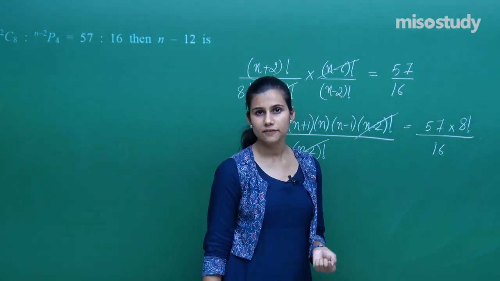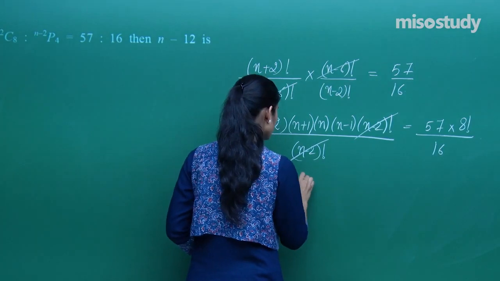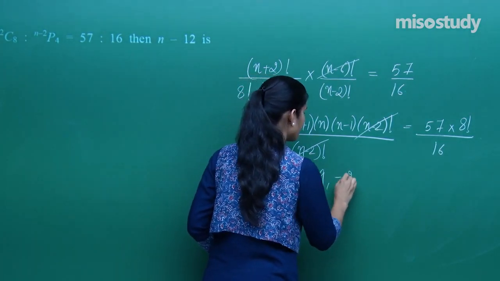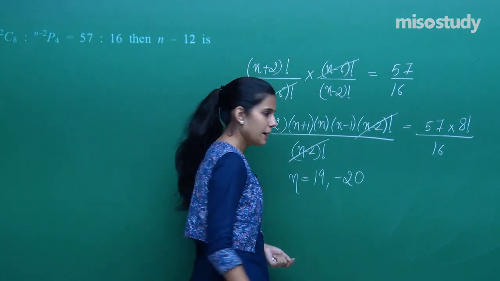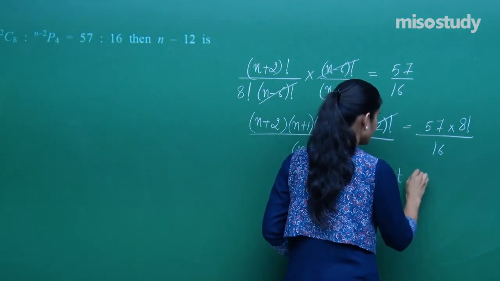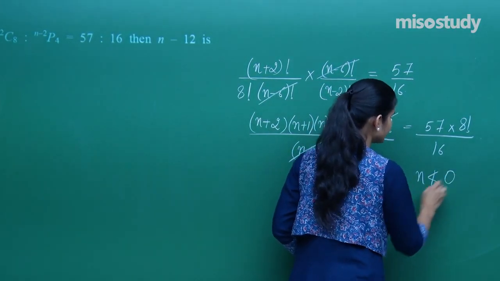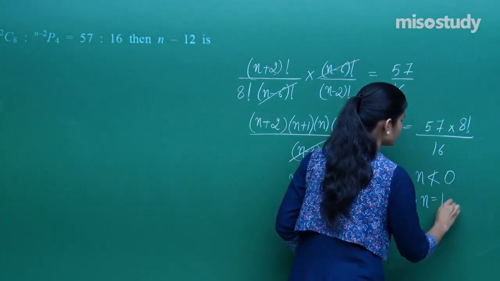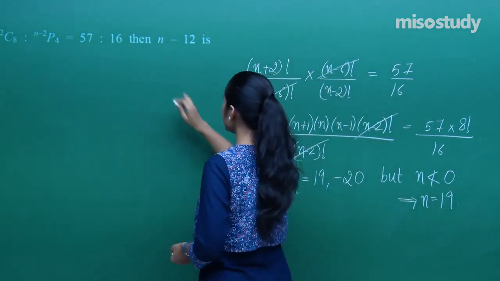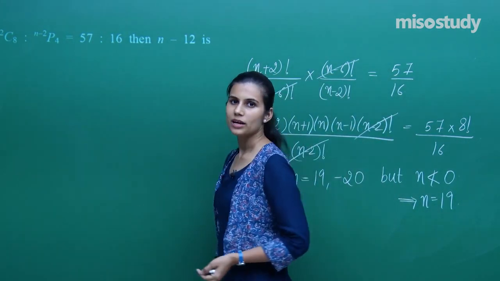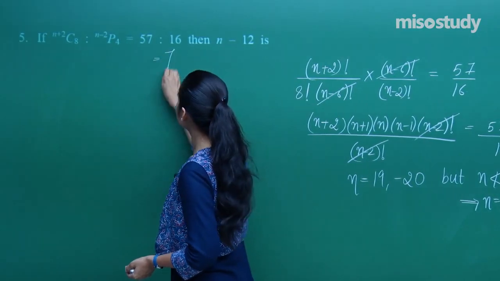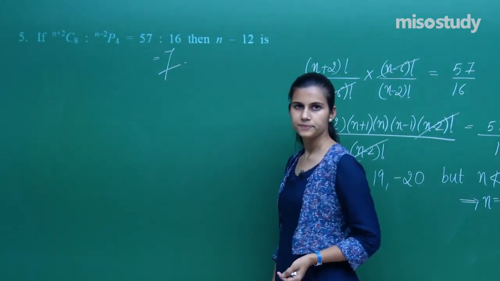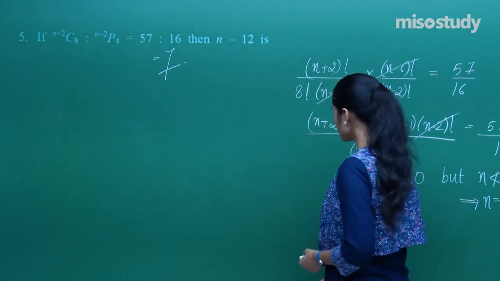Very easily you can evaluate that n comes out to be 19 and minus 20. But n is not negative, therefore n is going to be 19. The moment n is 19, 19 minus 12 gives you the integer 7 as the answer. Okay? Let's look at the next question.